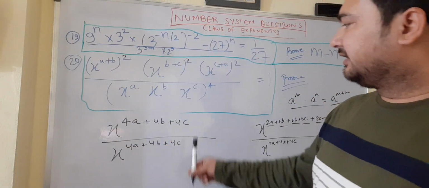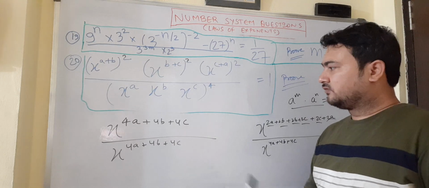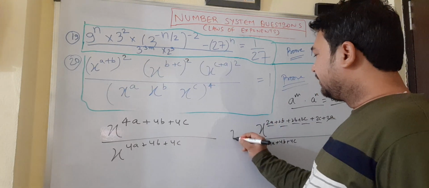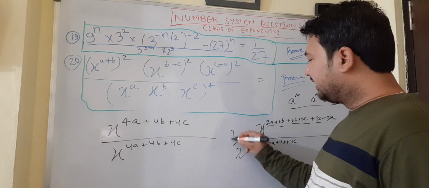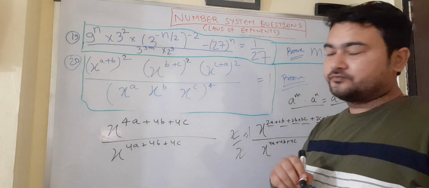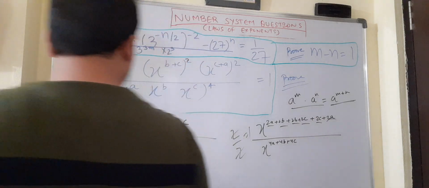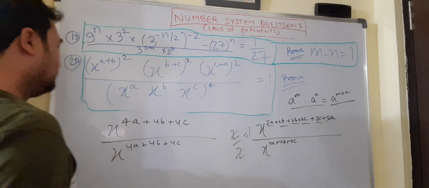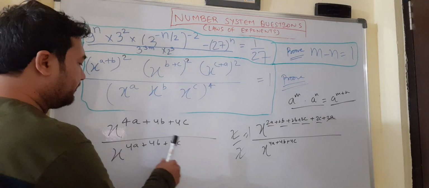Same things are in the numerator and denominator. Anything divided by itself gives 1. If you have 2 and it is divided by 2, what do you get? You get 1. So in the numerator also x to the power 4a plus 4b plus 4c, and the denominator also x to the power 4a plus 4b plus 4c.